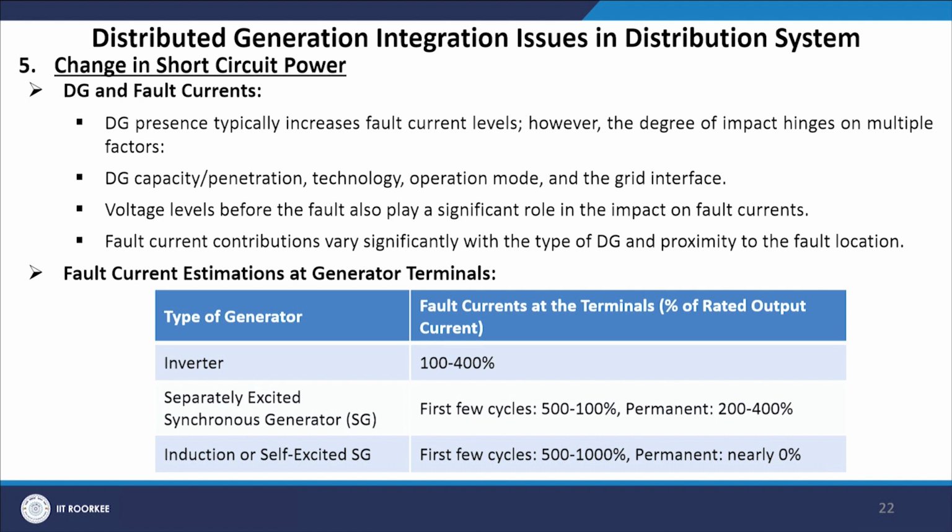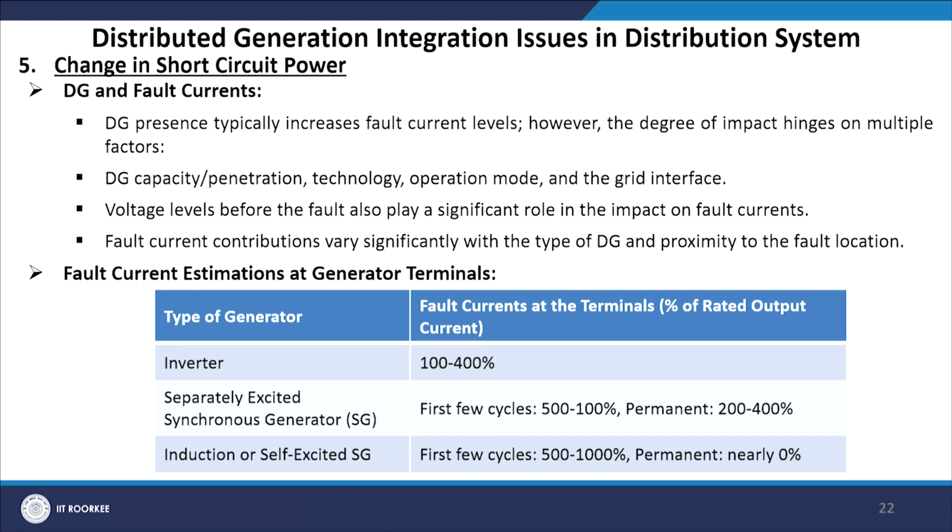Now, when you concentrate on change in short circuit power, DG and fault currents, DG typically increases fault current levels in any distribution system. However, the degree of impact hinges on multiple factors: DG capacity penetration, technology, operation mode, and the grid interface.